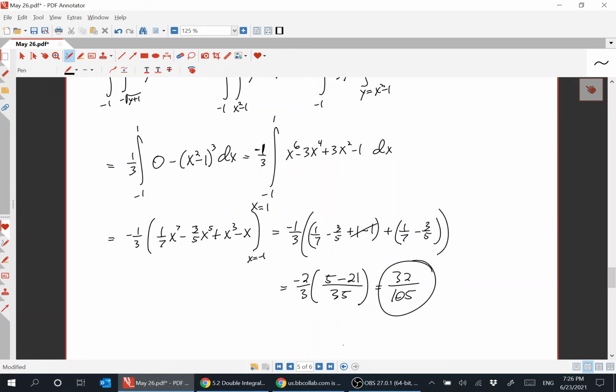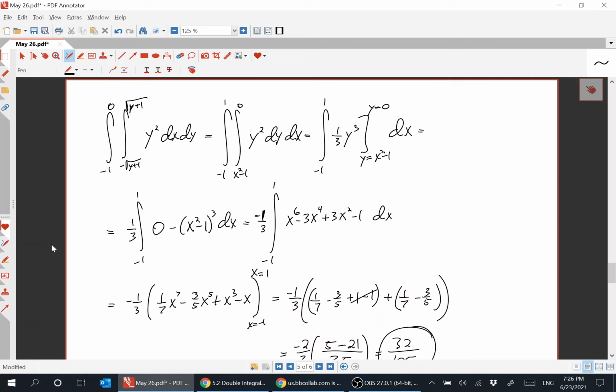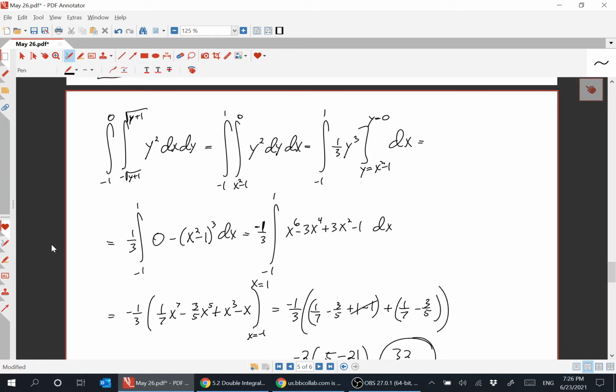What would it be like to calculate this integral? Yeah, calculating this integral this way has some problems. Does anyone see what the problem is with that? Let me show you.